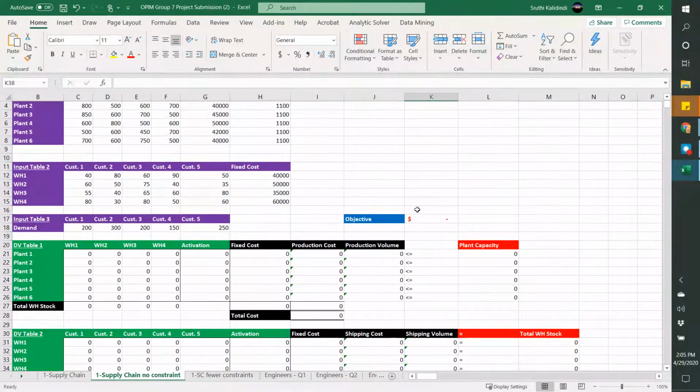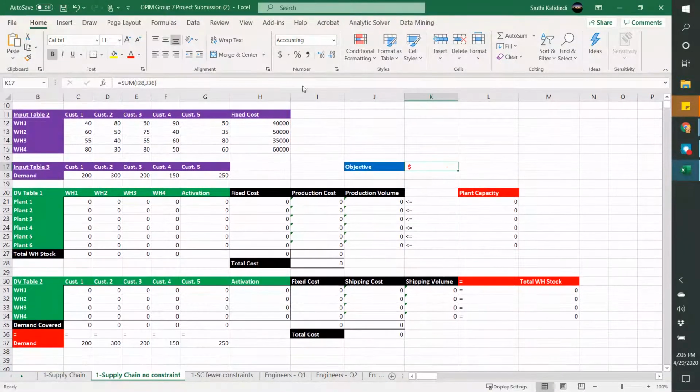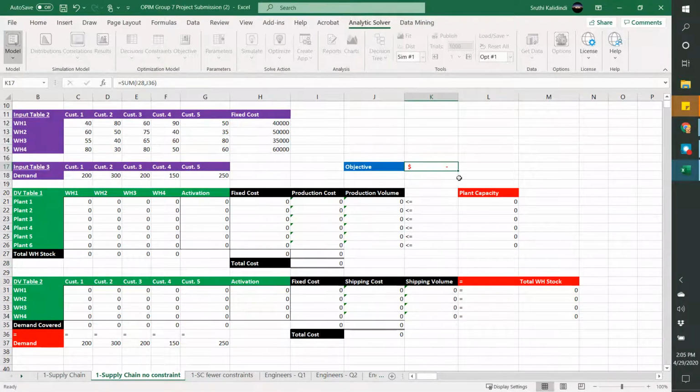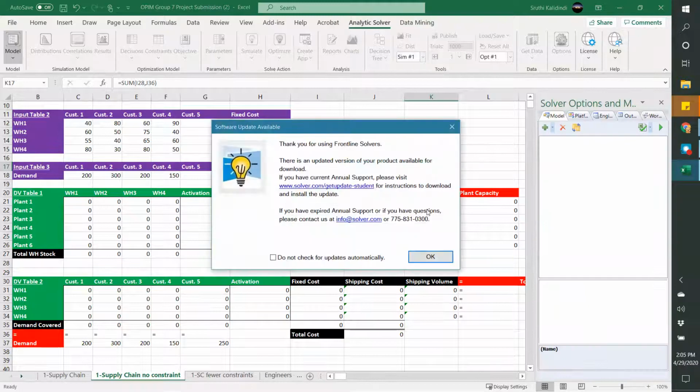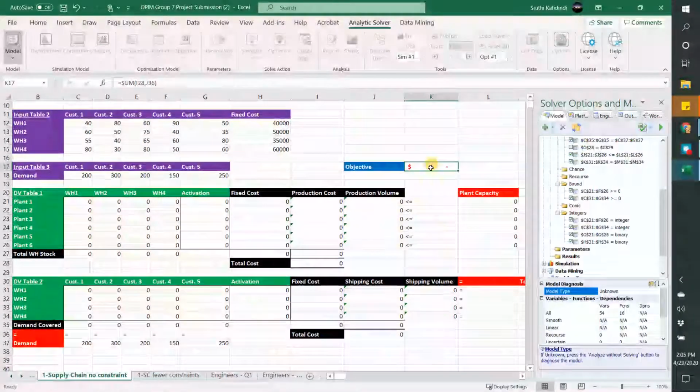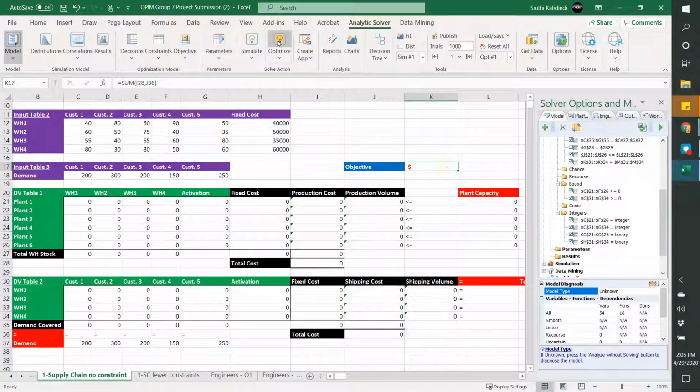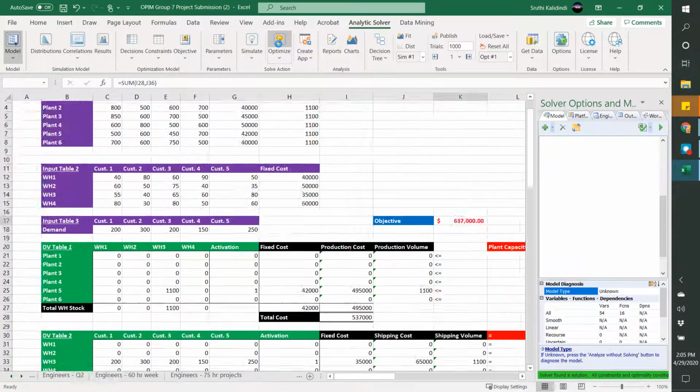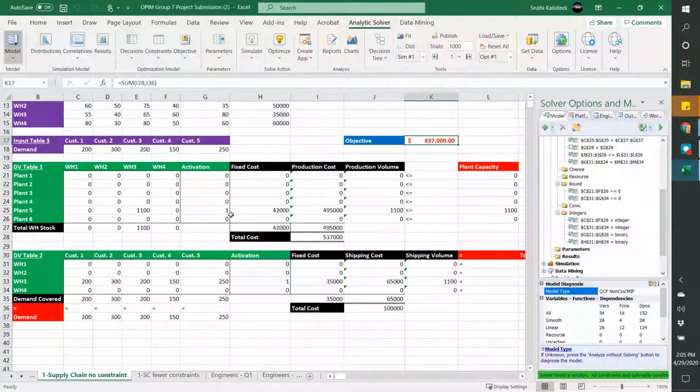And that's actually what we see when we optimize. Right now, this is not optimized, but once we optimize, we see that one plant does produce all of them. Plant 5 produces all of them, and warehouse 3 keeps all of them.